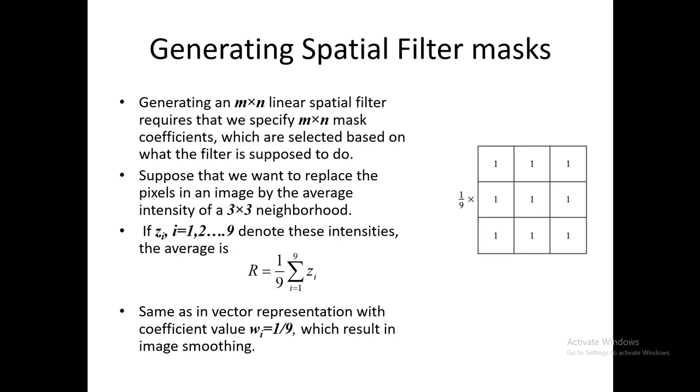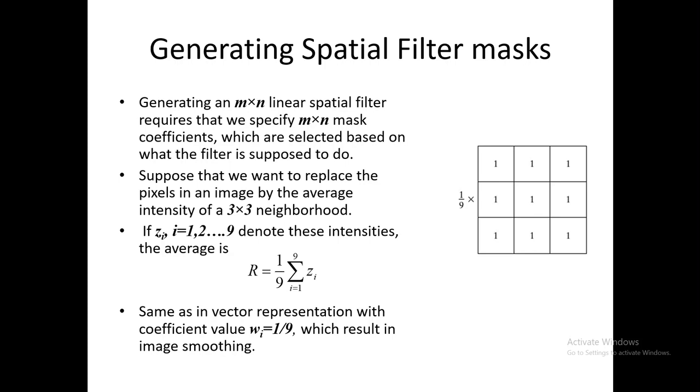And same as in the vector representation, we can specify the mask coefficients w_i as 1 by 9, and then we can perform the filter operation, which is just the same as the averaging of the intensities.